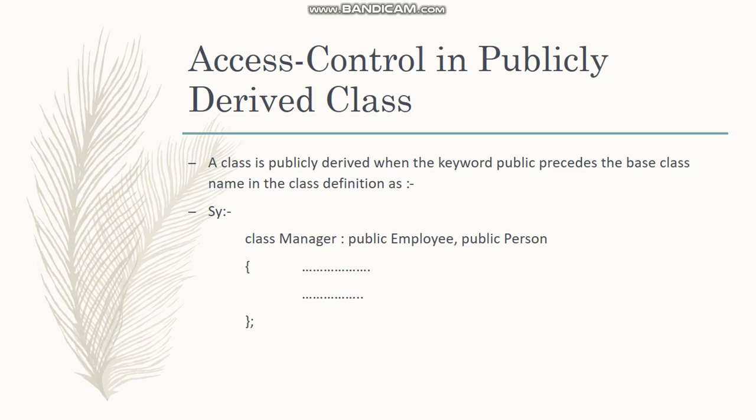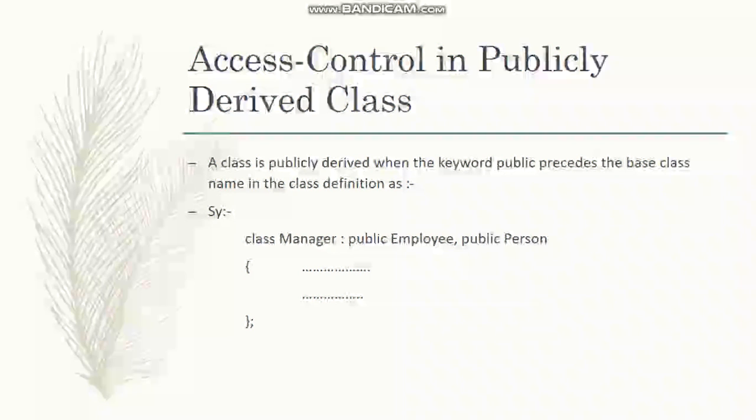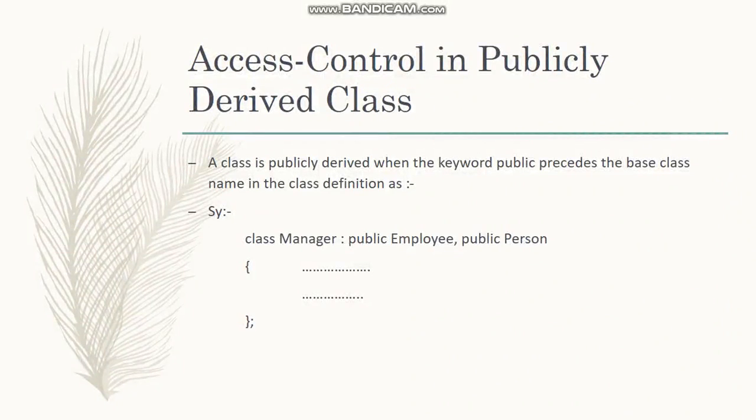The keyword public specifies that the objects of the derived class are able to access public members of the base class, as if they are the public members of their own class. With the public derivation, the protected members of the base class also become protected members of the derived class, and hence are directly available to the member functions and friends of the derived class.